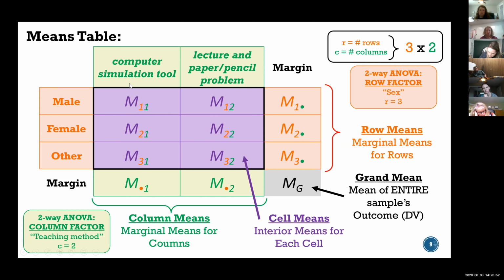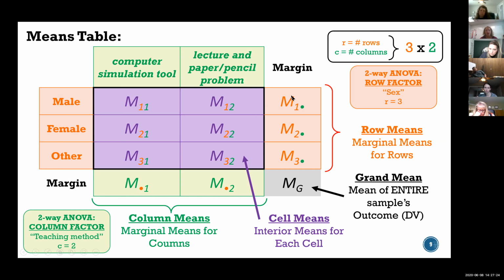So this first M in the upper left-hand corner says M11, so that's the first row, the first column. This last lower right-hand corner M says M32, so it's the third row, the second column over. Now notice on the margins, how many numbers are subscripted? There's only 1 number, and then there's a dot. The dot either comes before or after the number, and the dot is for what it's averaged over.